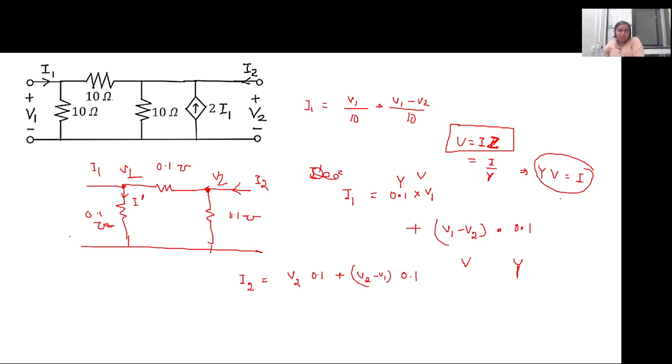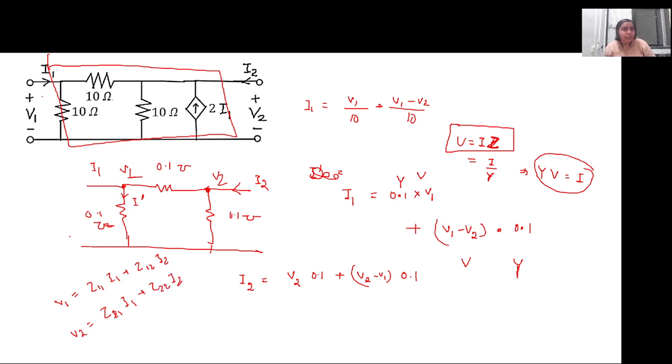So you have two options, depending on how you want to solve it. This circuit can also be solved by considering this entire part to be the two-port network and writing equations like this: V1 equals Z11 I1 plus Z12 I2, and V2 equals Z21 I1 plus Z22 I2. For any network, we can write the two-port network equations, considering all this resistance and this current source to be inside the two-port network.